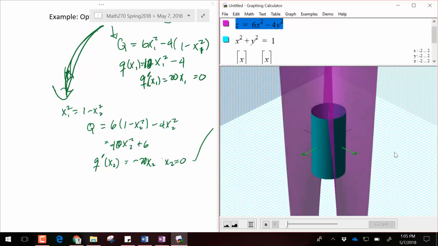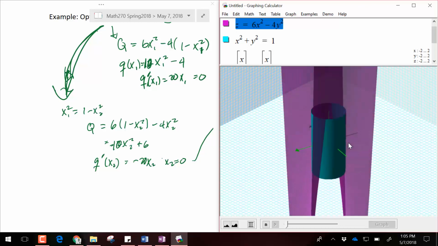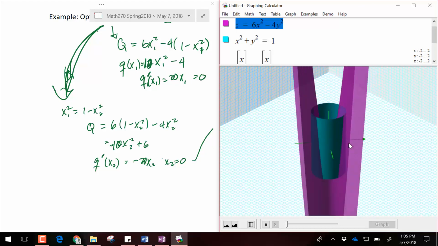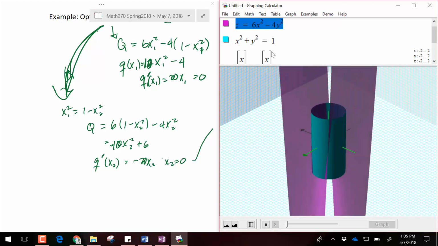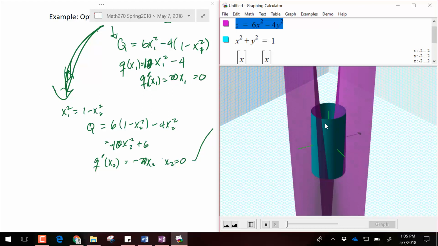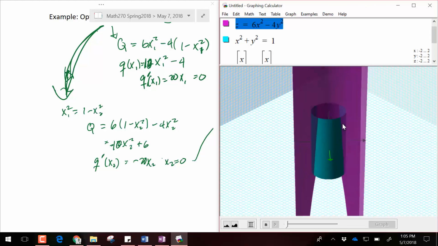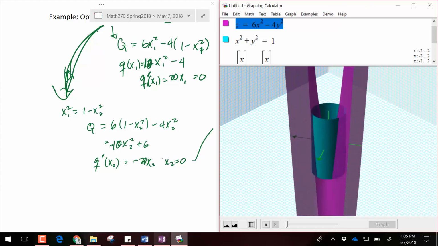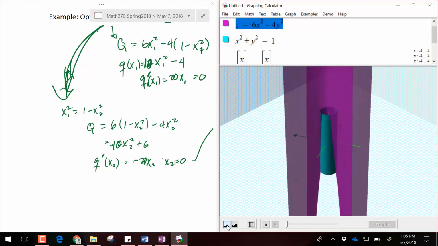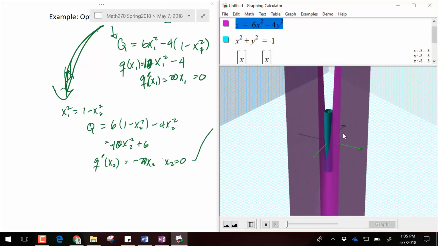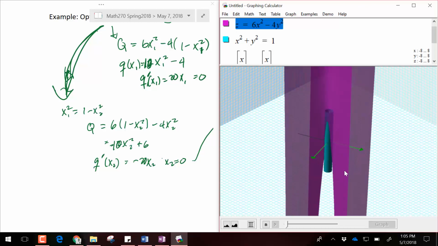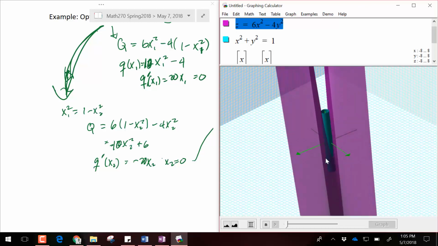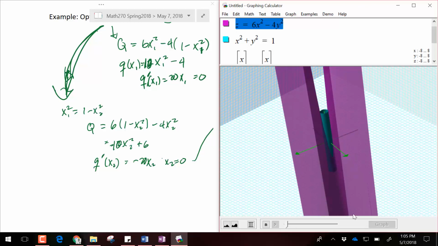And so what we want to do is find the maximum and minimum places where these two graphs intersect. Okay? The cylinder technically keeps going forever, and it just kind of stops right there for us. We can zoom out a little bit to see that it eventually would meet at some tip over here where it reaches a maximum, and some other tip down here where it has the minimum.